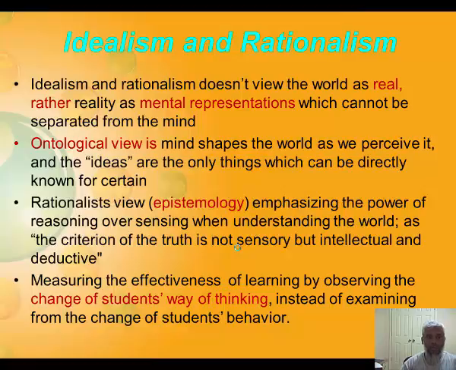Rationalists emphasize the power of reasoning over sensing when understanding the world, as the criterion of truth is not sensory but intellectual and deductive. Measuring the effectiveness of learning is done by observing the change of students' way of thinking instead of the change of students' behavior.